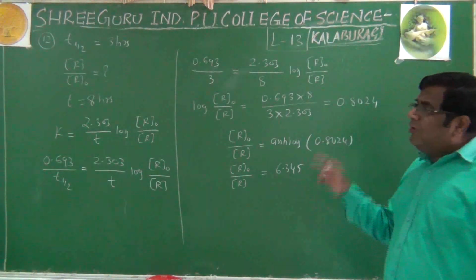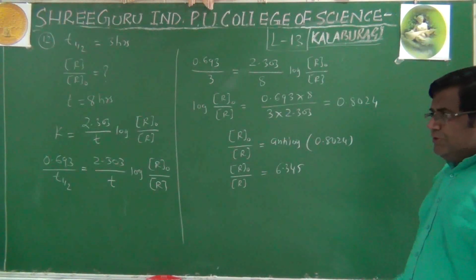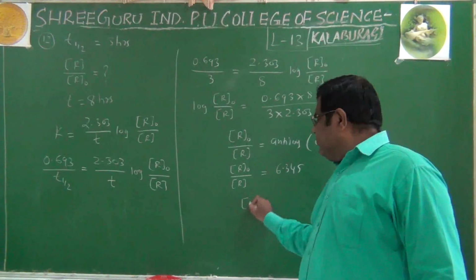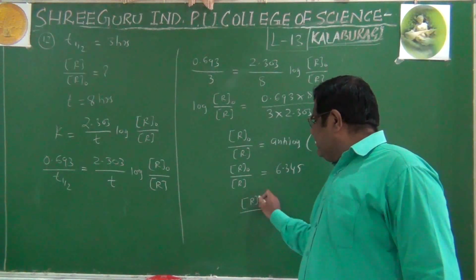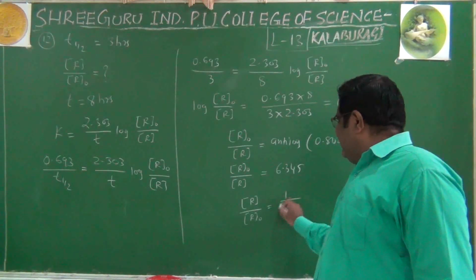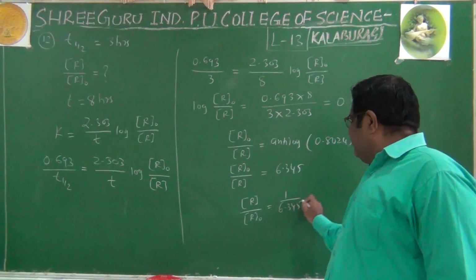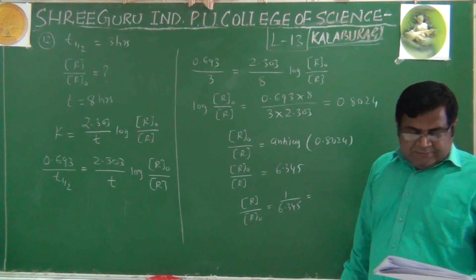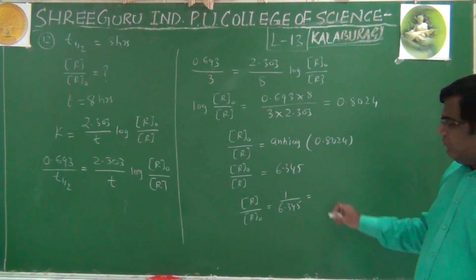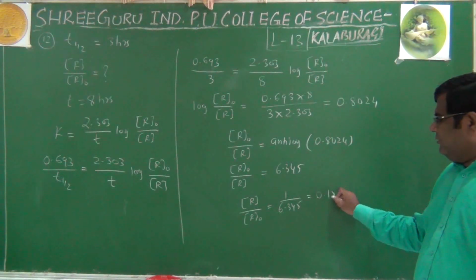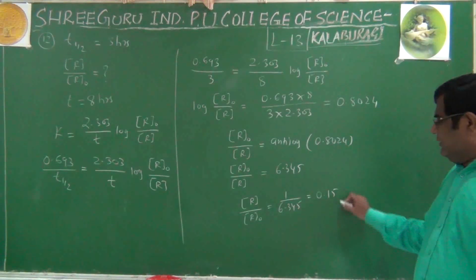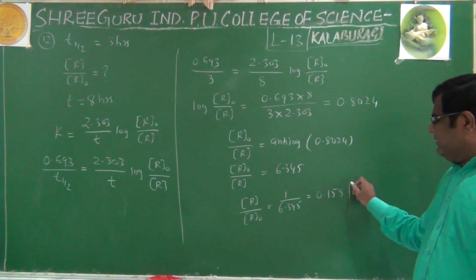But we are looking for R by R0, which is the reciprocal of that. So we can do the reciprocal also. We can write R divided by R0 equals 1 by 6.345. Again, with this simple calculation we get 0.15, and if we add one more digit, it will be 8, like this.